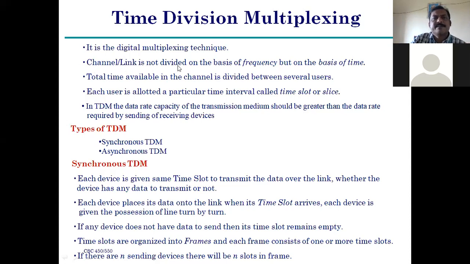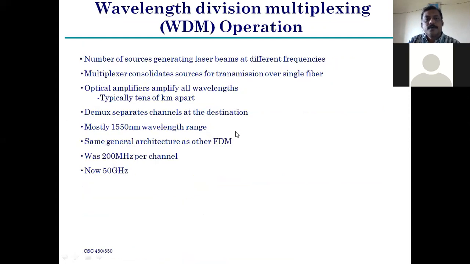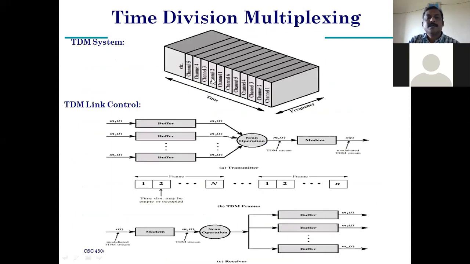Here this is the information. Channel or link is not divided on the basis of frequency. Here it is time. So according to the diagram, there is a frequency and there is a time. This is the time division multiplexing. That's why the time can be divided into a number of sub time slots.